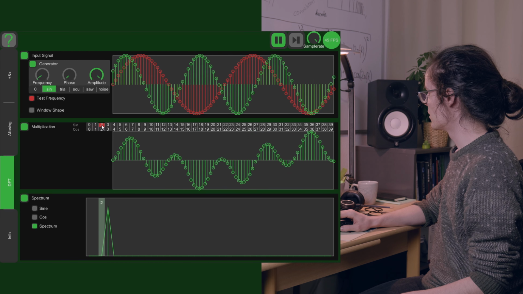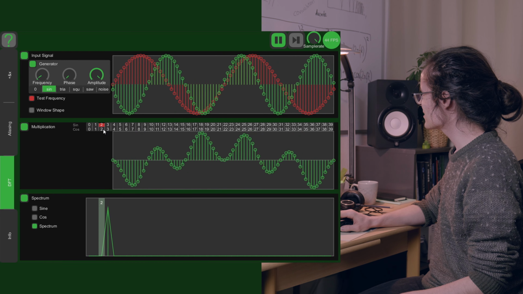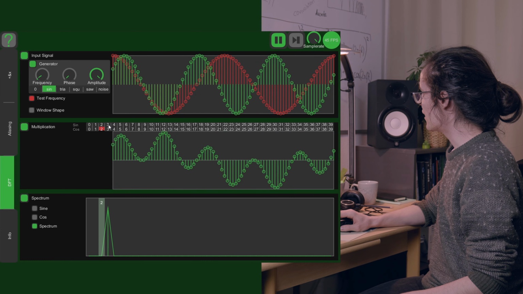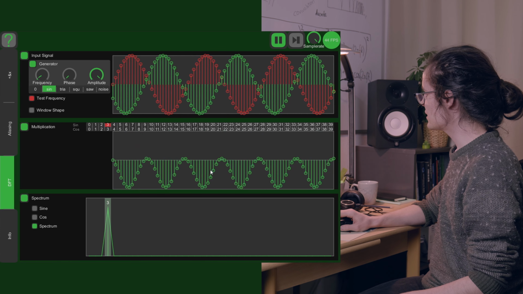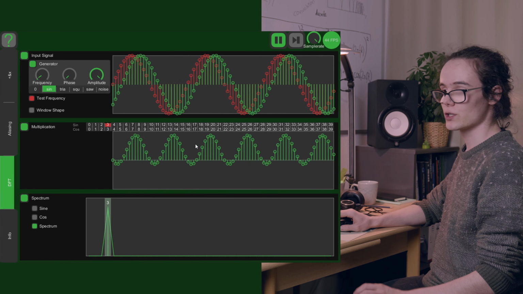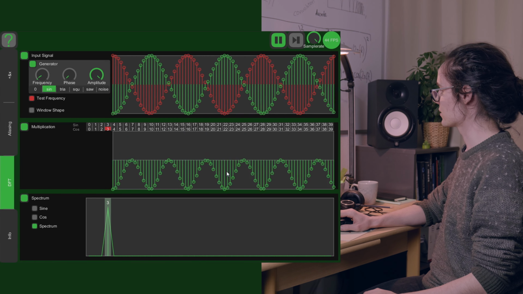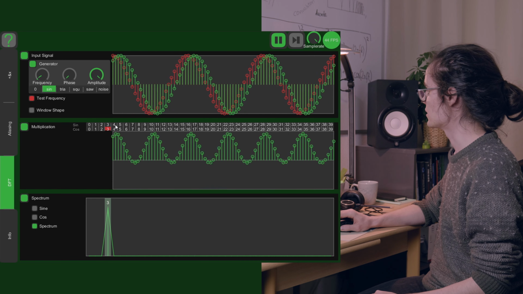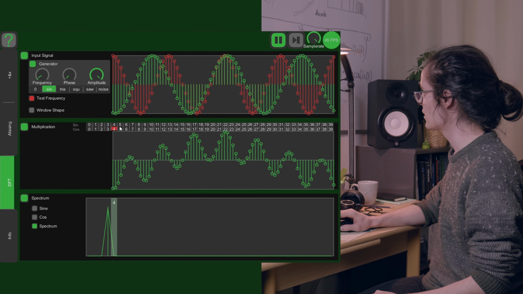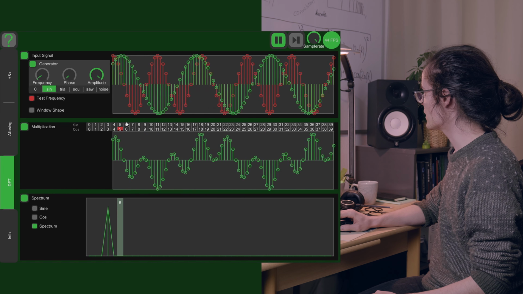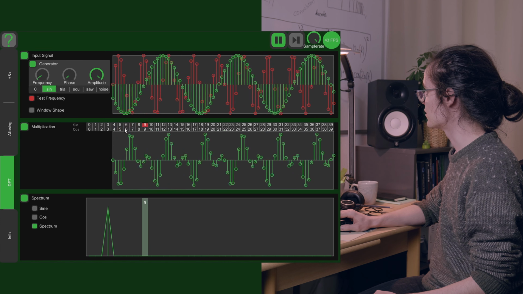Then the second one looks quite centralized. And the third one has this oscillating average that goes up and down for the sine frequency and also for the cosine part of the test frequency. And then for the fourth one and the fifth one and so on, it centralizes at 0 again.